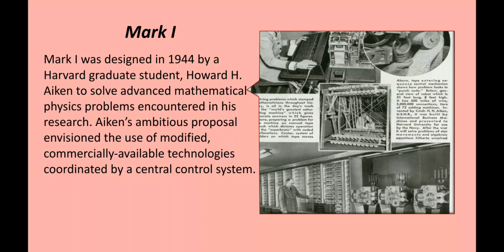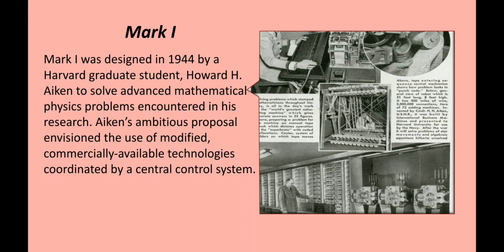It was about 15 meters long, and the wires that connected the various parts of the machine were 800 kilometers long. That means the wire which connected the components of the computer at that time was 800 kilometers long. You can imagine how long that was, just like a city, 800 kilometers of wire, right?